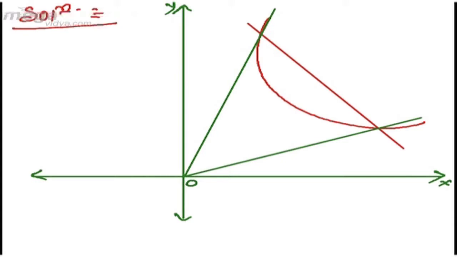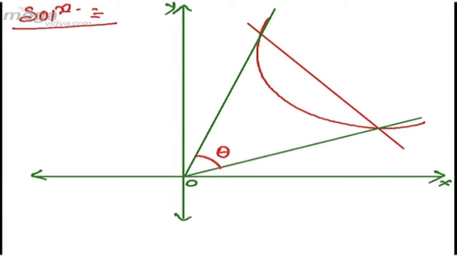see, these are two different straight lines, and the angle between this pair of straight lines you have to prove is tan inverse 2 root 2 by 3. So suppose this angle is theta, then you have to find out this theta.